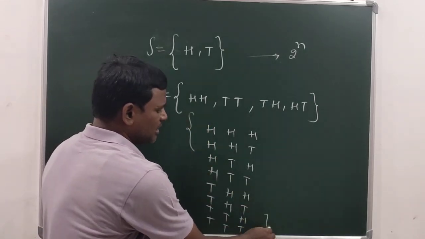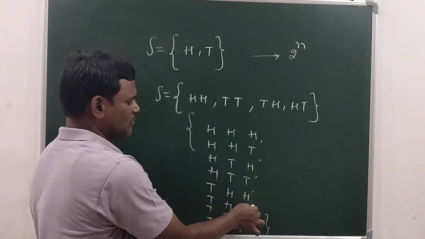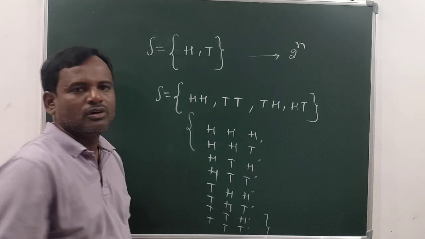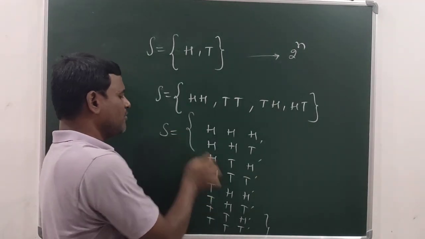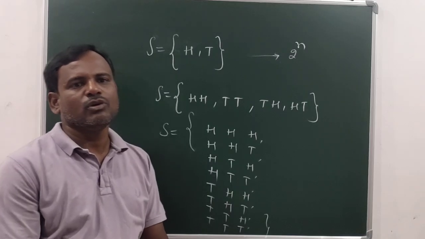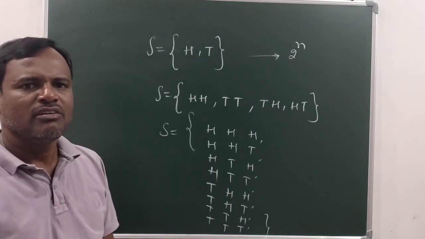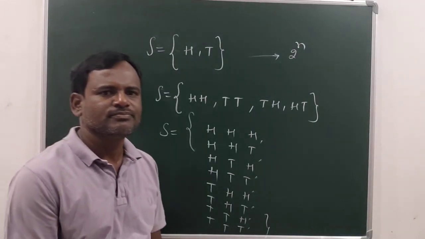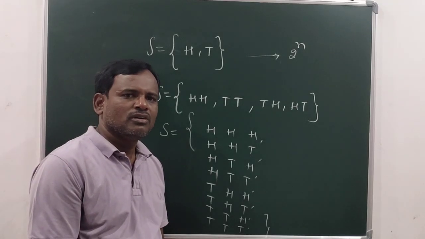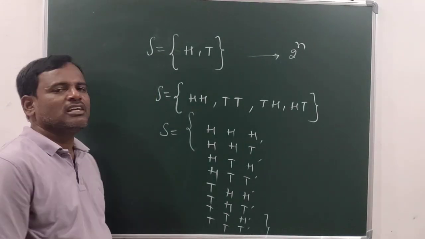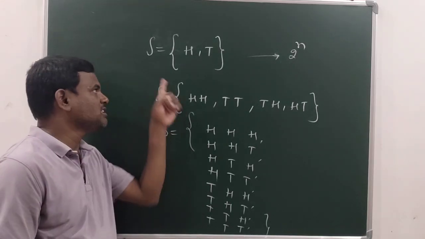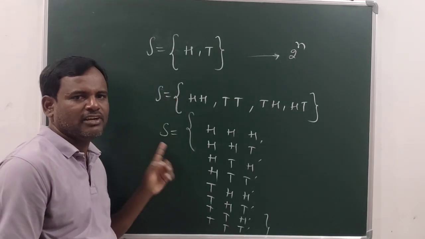Put in a sample space, put in a set. So this is a sample space for 3 coins. When we go to the competitive exams, we make it n number of coins. Okay, students? Right. See, this is the sample space for throwing a single coin, 2 coins, 3 coins.